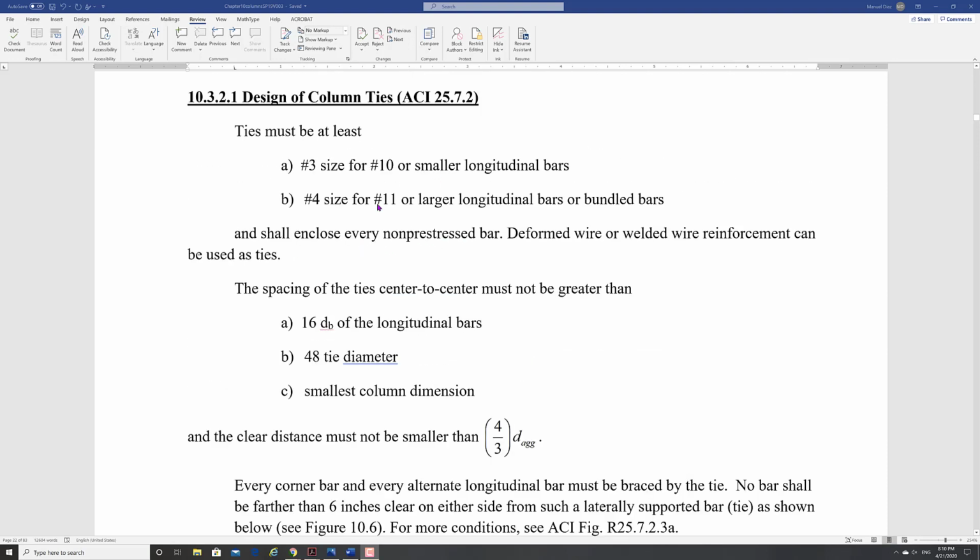So it's the same thing for columns. These are compression bars, right? So ties must be at least number 3 for number 10 or smaller longitudinal bars. A number 11 or larger bar will require a number 4. So this is how you decide on the size of the stirrup.